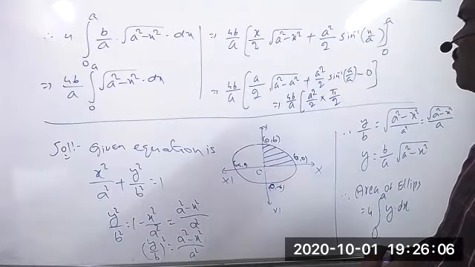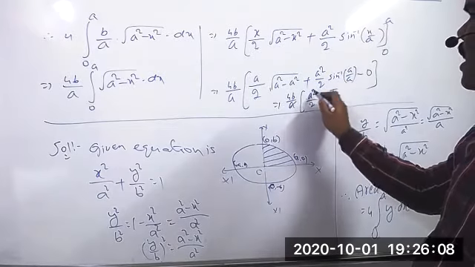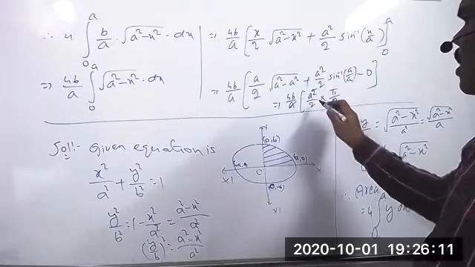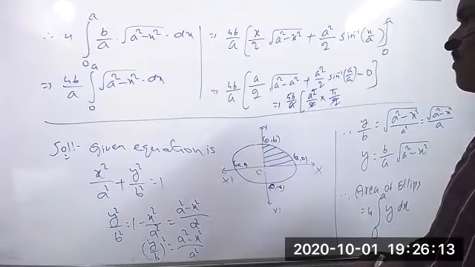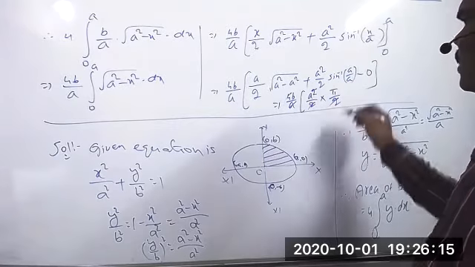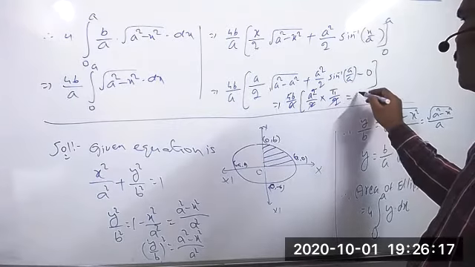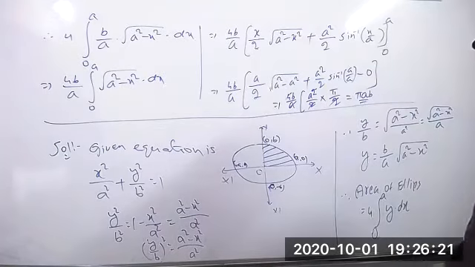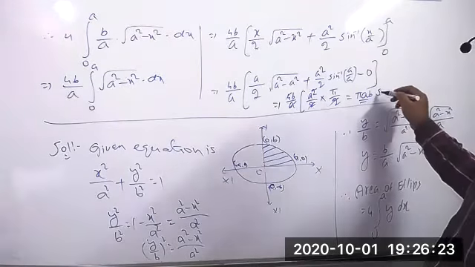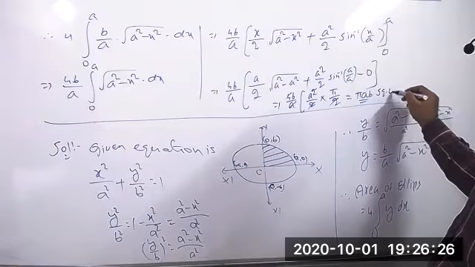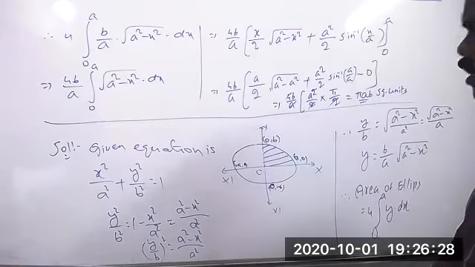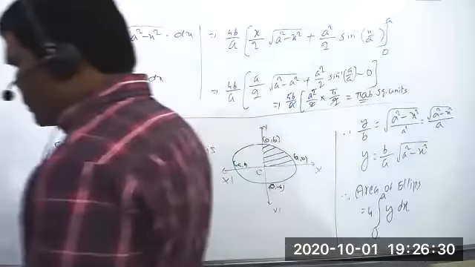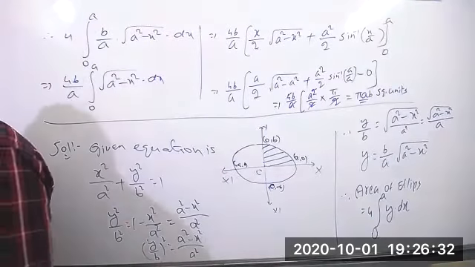Clearly a and a square cancel, and 2 and 4 also cancel. What remains? Pi ab. Correct. Pi into ab square units. This is the area of the ellipse.